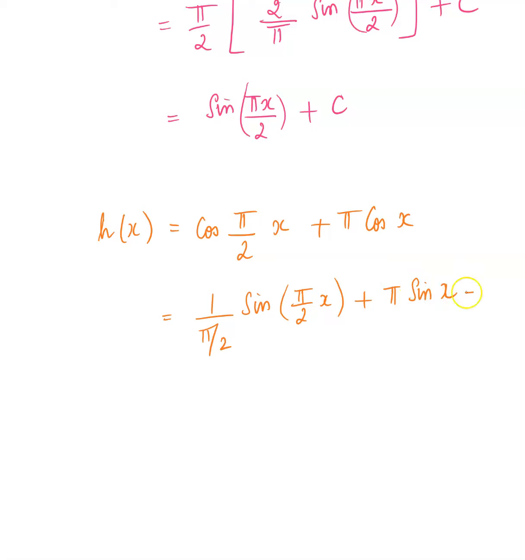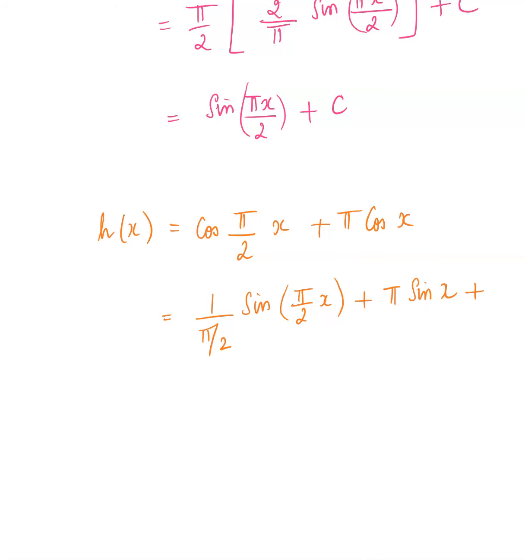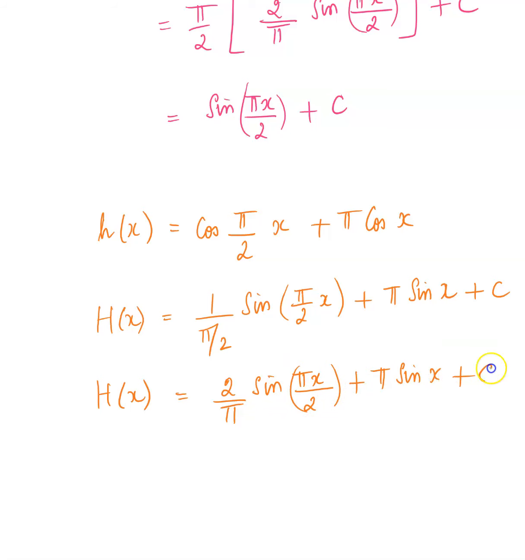Here k is 1, so you don't see much effect there. That simplifies as 2 over pi. Oh, by the way, this is capital H of x. Capital H of x is 2 over pi, plus c.